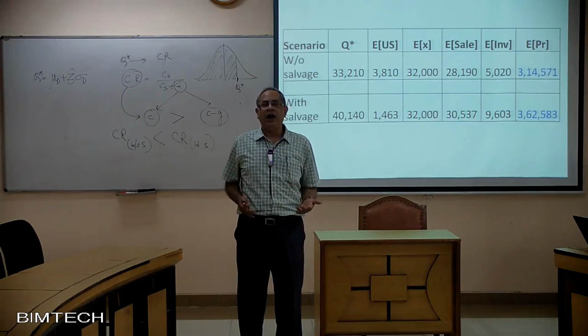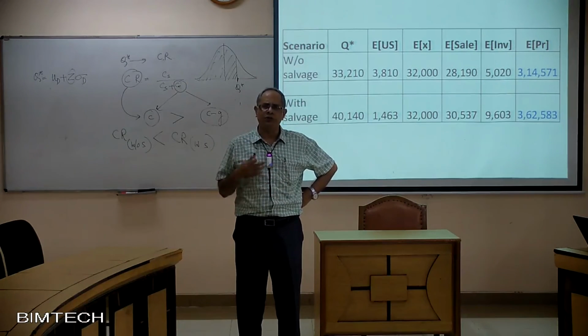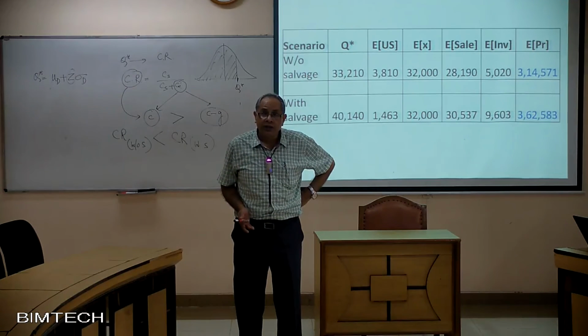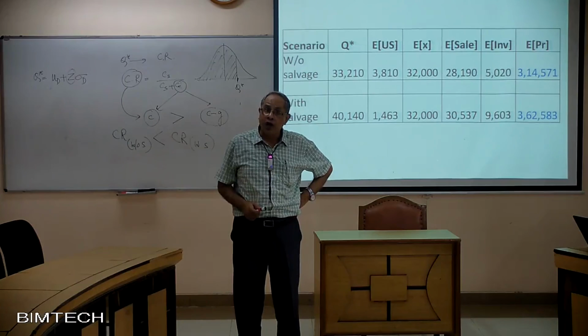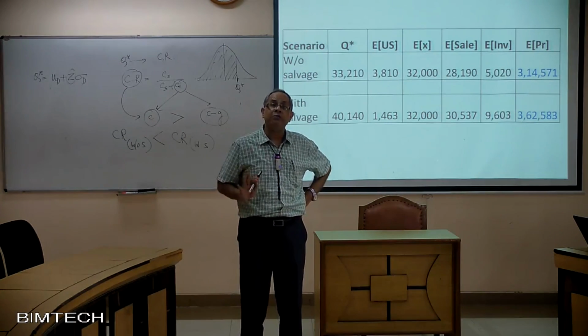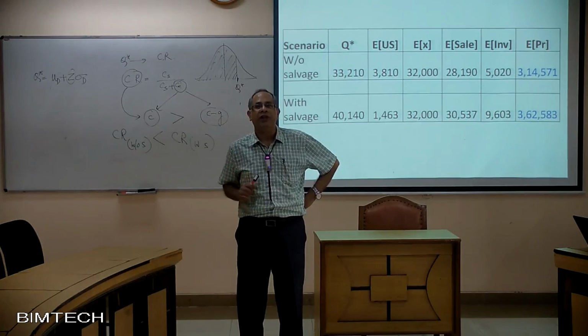It's like saying, how much do I lose? If I order more, what is my risk? My risk is that I may be left with excess inventory. And what is going to happen? If there is no salvage, then I'm going to lose the entire money. But if there is salvage, I'm able to recover something.